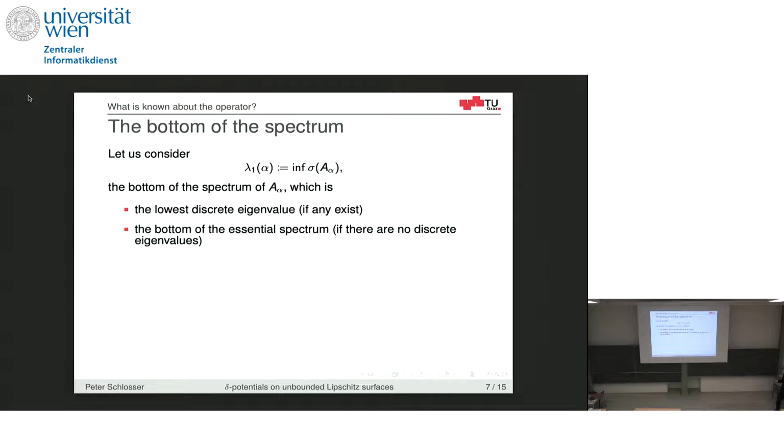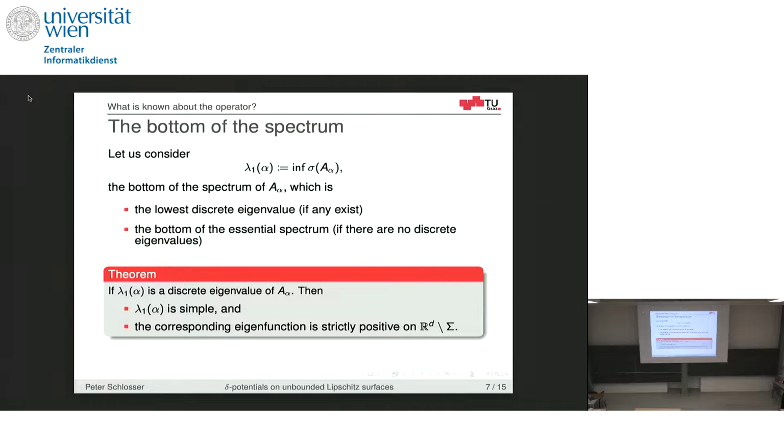If it's not, it's just the bottom of the essential spectrum. I don't have any results on whether eigenvalues exist. There are for sure more experts in the audience who know, Babel, for example, does there exist eigenvalues and so on. For now, I will just assume there are eigenvalues.